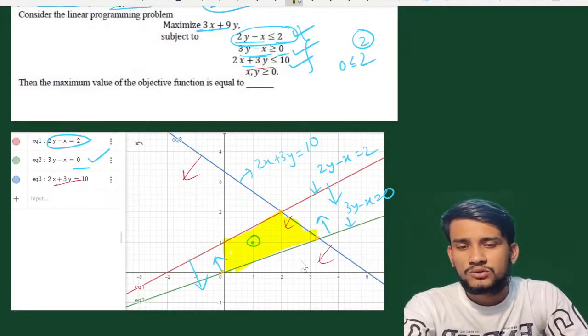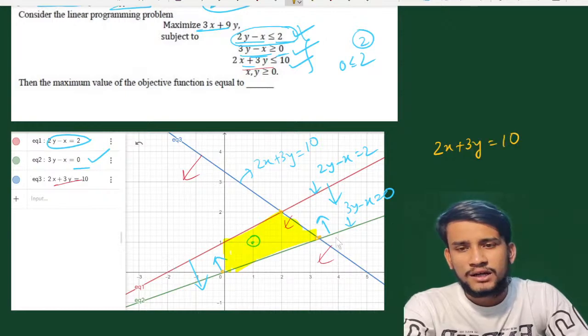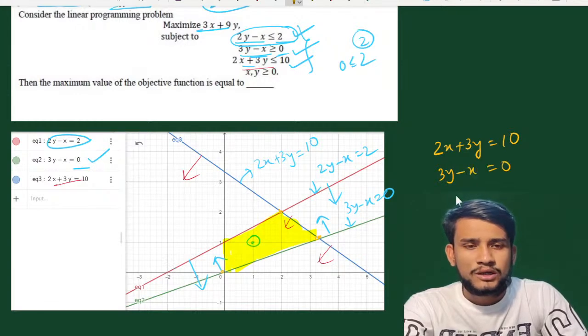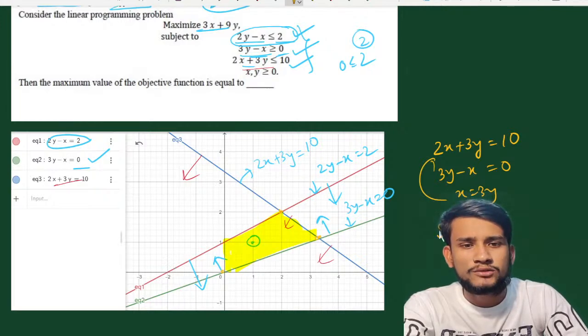The corner point is the intersection of 2x plus 3y equal to 10 and 3y minus x equal to 0. If we put x equal to 3y here, we get 4x equal to 10.